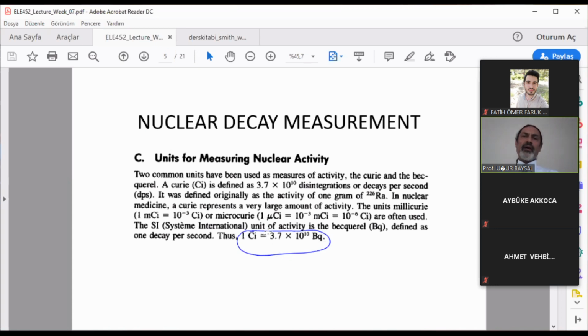In nuclear medicine, a higher quantity is called becquerel. It's about 37 billion decays per second. In medical applications, usually millicurie is used.